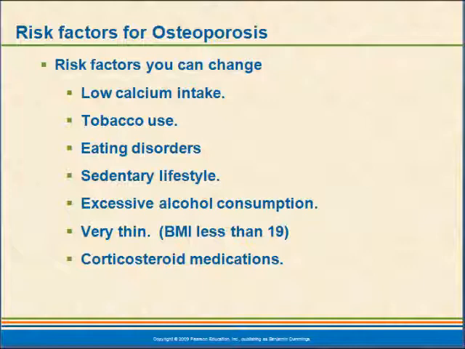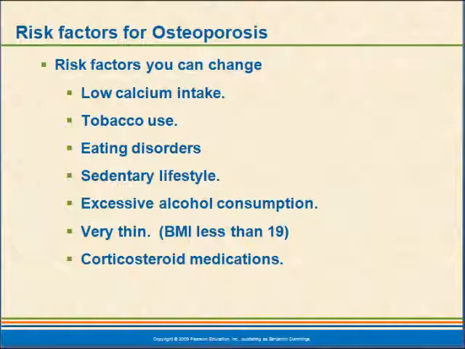Tobacco users. A reason that this is a risk is that tobacco really does cut down on peripheral circulation in the blood. It cuts down on the oxygen content, and it can result in a more rapid breakdown of bone. Eating disorders, of course.